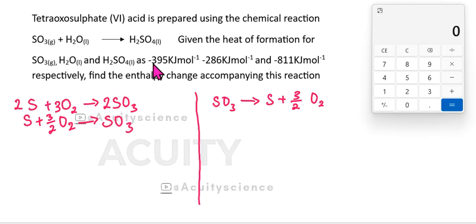And here we were told 395. But because we have reversed this equation, this sign will reverse to a positive sign. So instead of negative 395, we should have positive 395. I'll draw a line there so that you don't think that 395 is part of the equation.